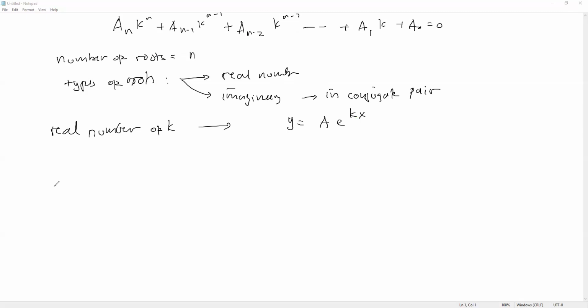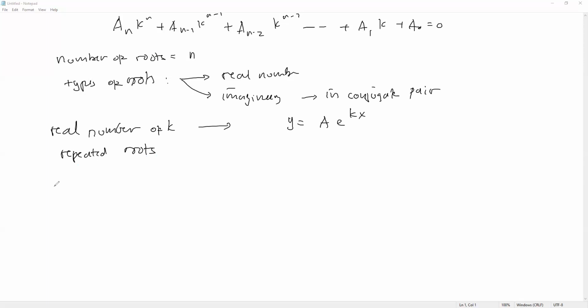But if it is a real number, it is possible to have repeated roots. If there are repeated roots here, then for each repetition we're going to have one more factor multiplied by x.